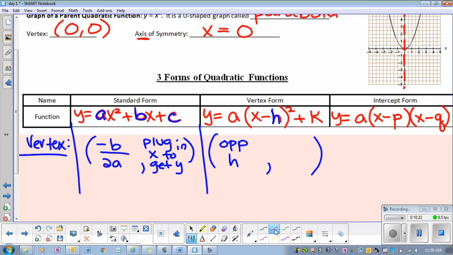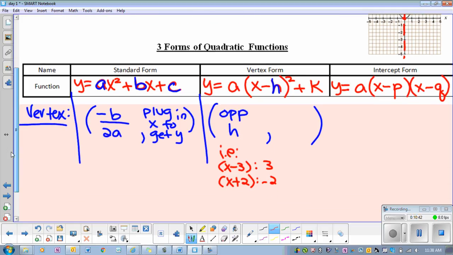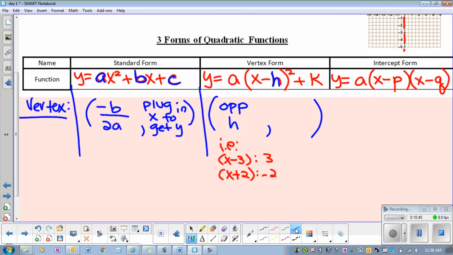So if it says x minus 3, then it would be positive 3. And then if it says x plus 2, then it would be negative 2. Does that make sense? And then your y value comes from this k, whatever your k is. If it's plus 4, then it's just 4. So the vertex form I like because we can actually get the vertex right from that equation.